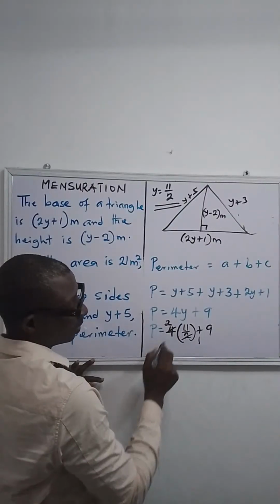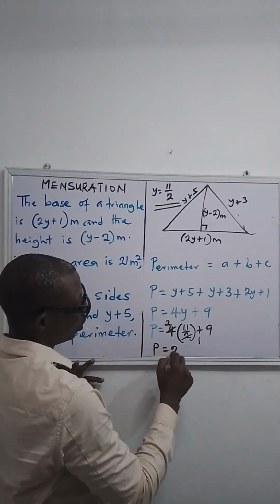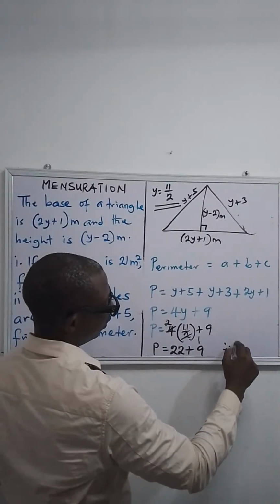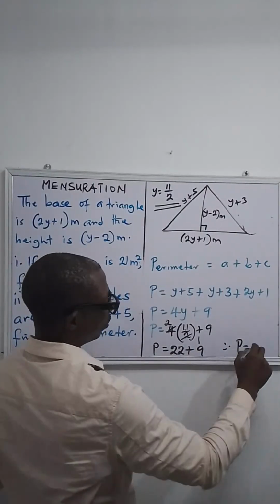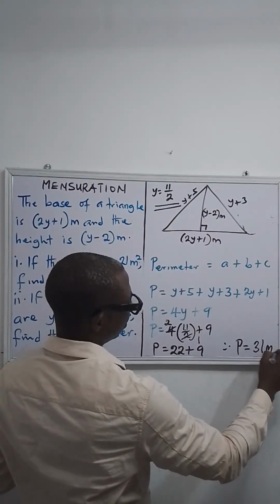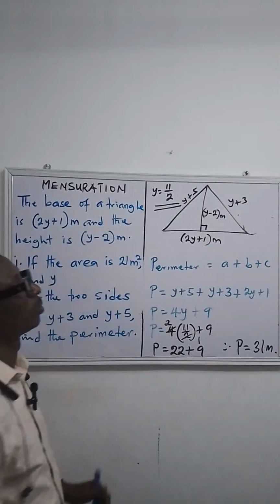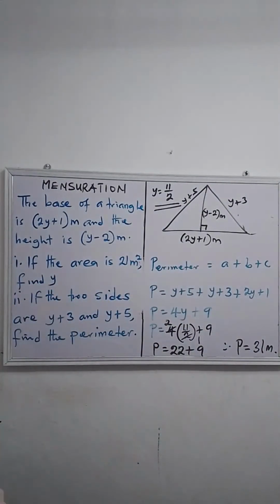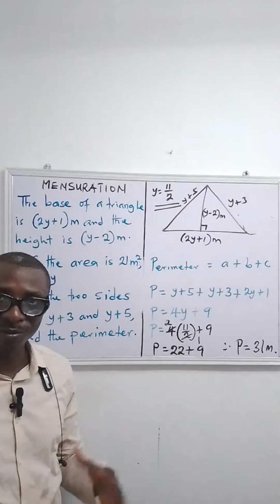So 2 multiplies 11, and we have P equals 22 plus 9. Therefore P, which is the perimeter, equals 31 meters. So this is the perimeter of the triangle. I want to believe you understand that.